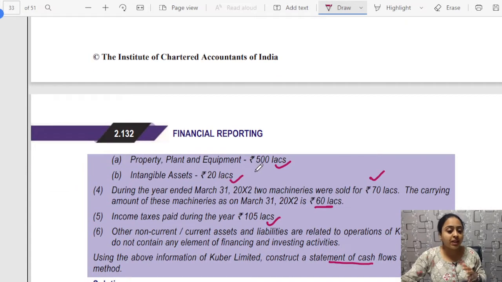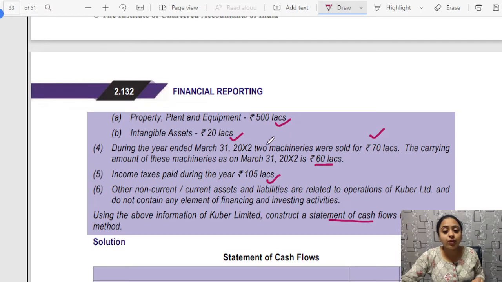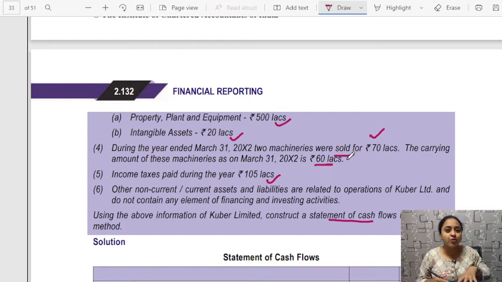Next, property, plant and equipment depreciation we have put in. Next, during the year two machineries were sold, so you are receiving 70 lakh. After leaving 4-5 lines under financing activity, you can write the investing activity head, and then write the inflow that you are getting from selling the two machines under the investing head.